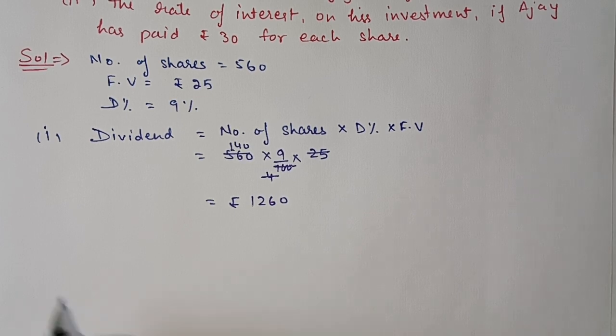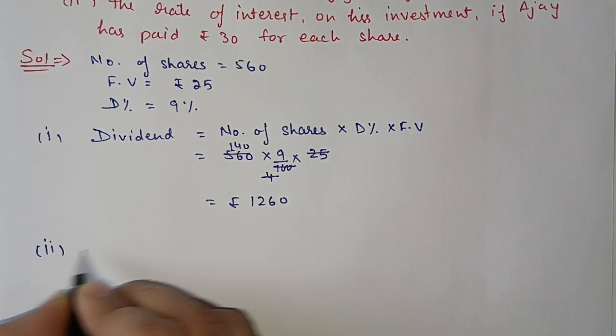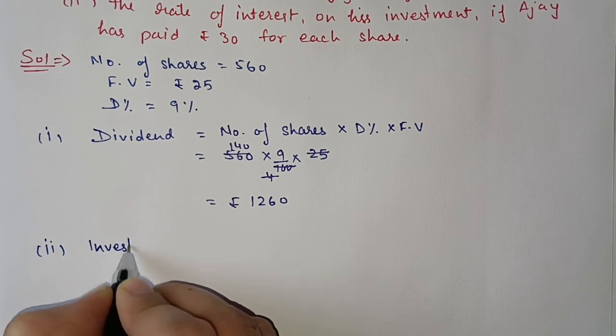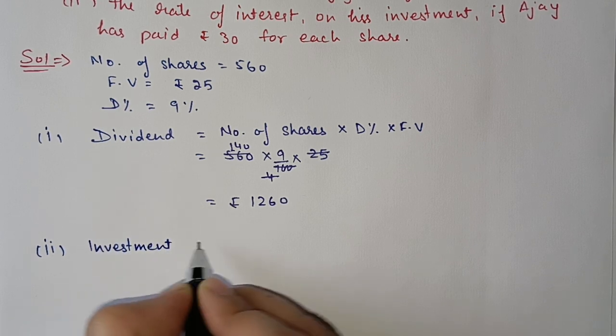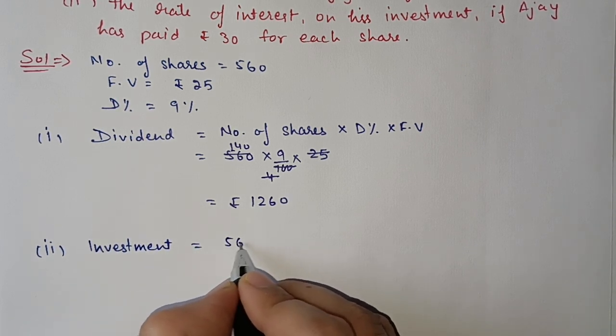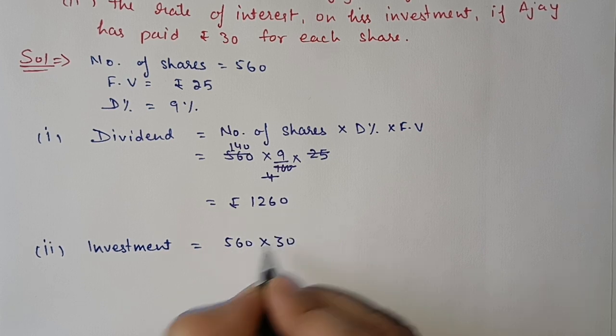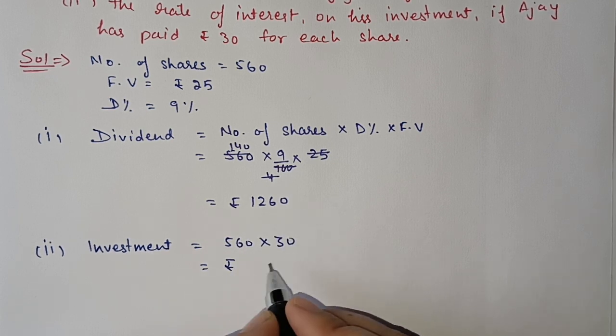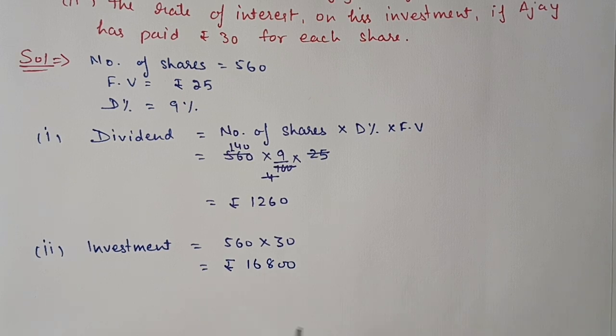Second part we have to find out the rate of interest when he paid 30 rupees for each share. So first we will calculate his investment. He purchased 560 shares at the rate of 30 rupees. So finally he paid 16,800 rupees for these shares.